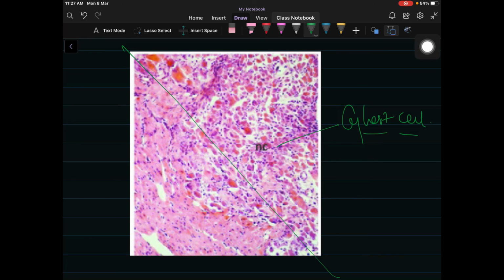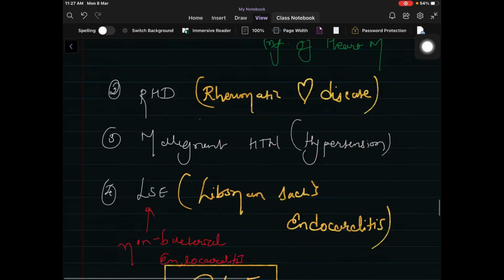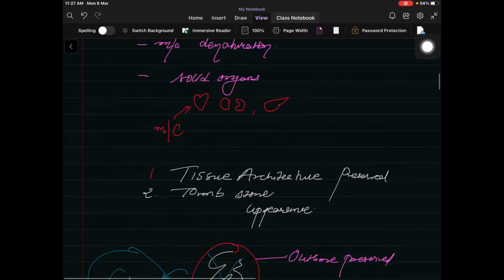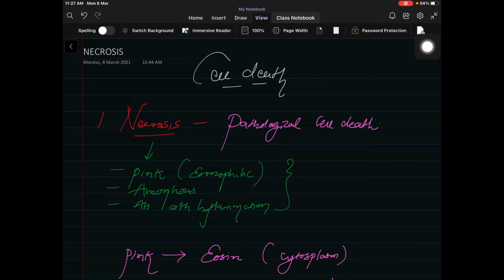So here the inner cell details are lost. So this was all about the types of necrosis and the first type of cell death, that is necrosis.